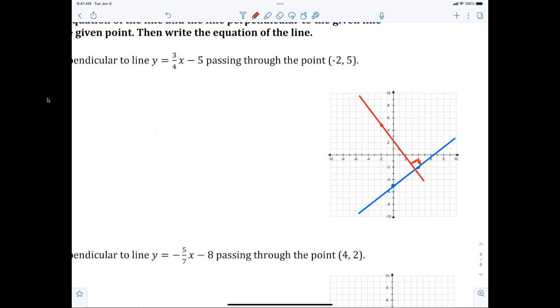All right, so I want you to understand that, first of all, is the slope positive or is it negative? Negative. It's negative, but the slope of the blue line is what? Positive. All right, so I need everybody to understand the slope of the perpendicular is the negative reciprocal.